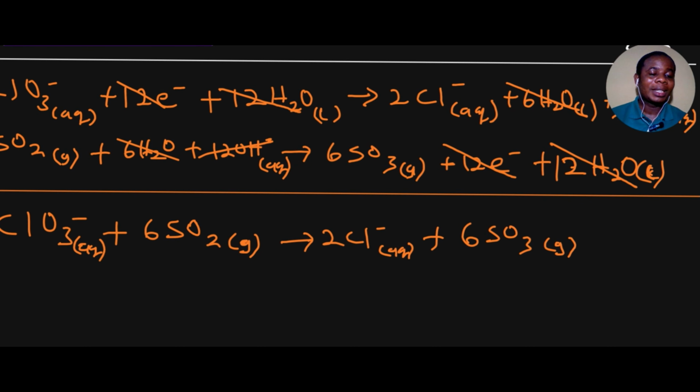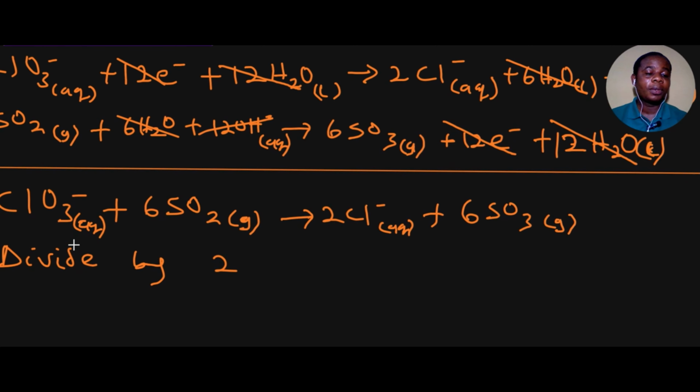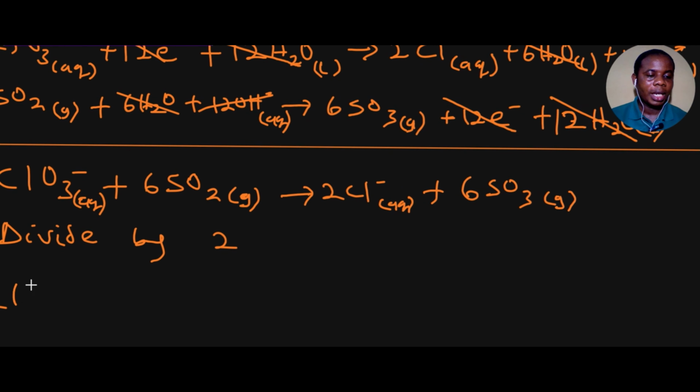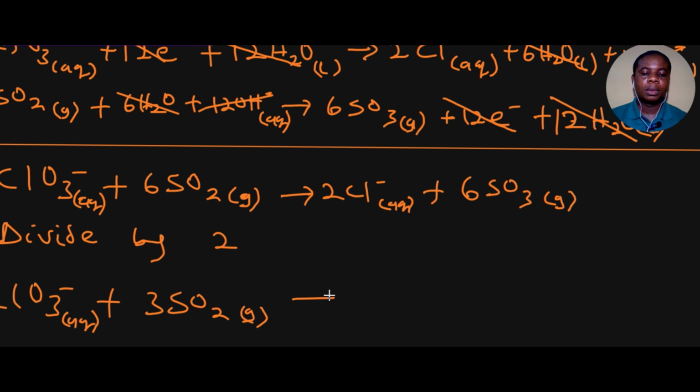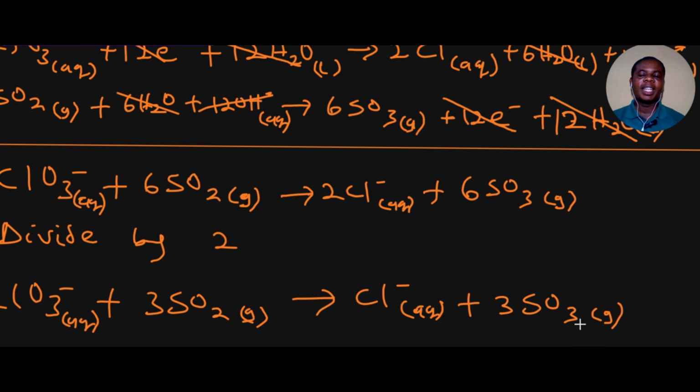So next we'll divide through by 2. When you divide through by 2, this becomes ClO3 minus plus 3SO2 gas to give Cl negative plus 3SO3. So this is the net equation.